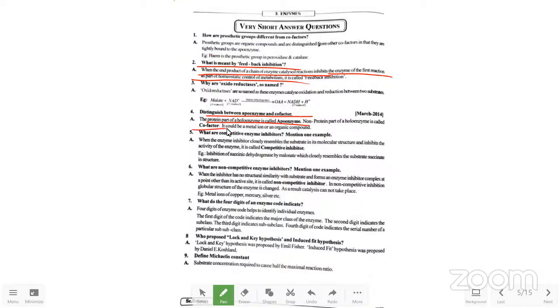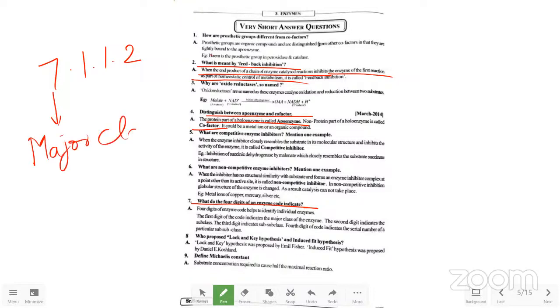Next one. What do the 4 digits of an enzyme code indicate? Okay, the enzyme code, for example 7.1.1.2. In these 4 digits, the first digit represents the major class of an enzyme.